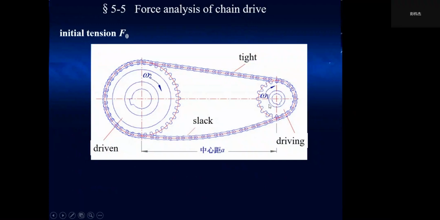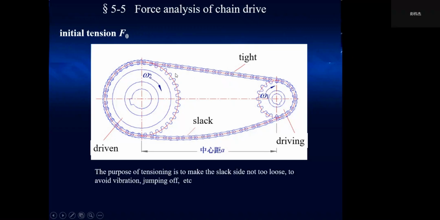In a chain drive, the upper side is in tension, called the tight side, and the lower side is called the slack side. Power is transmitted by the tight side, and the purpose of tensioning is to make the slack side not too loose, to avoid vibration and jumping off.